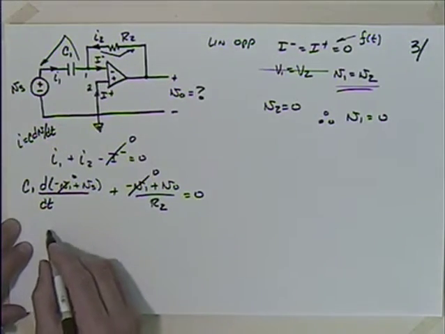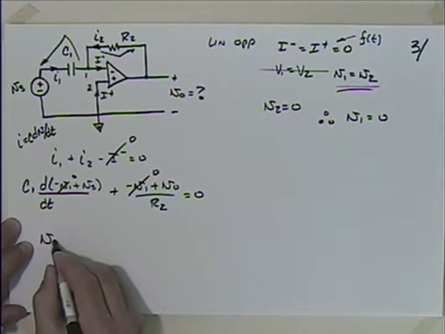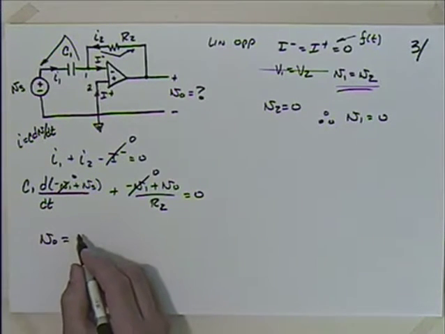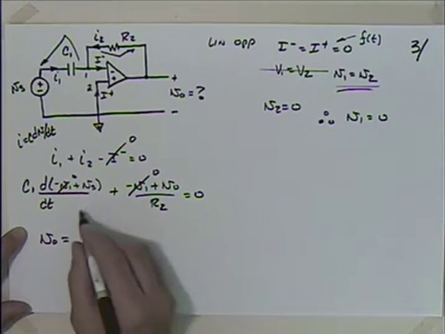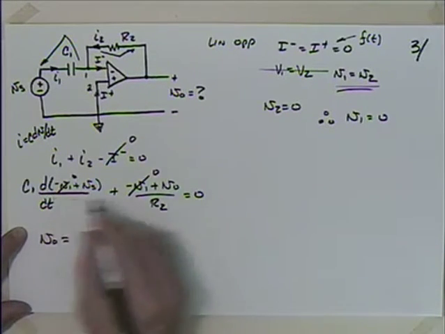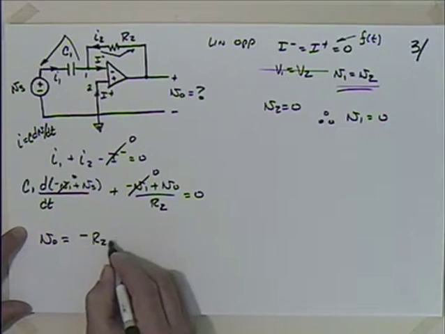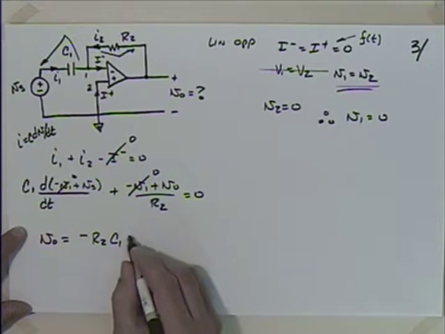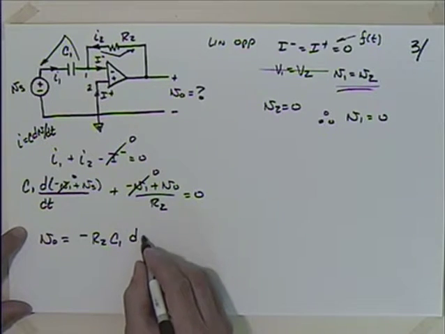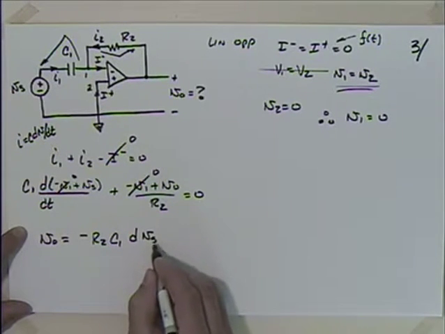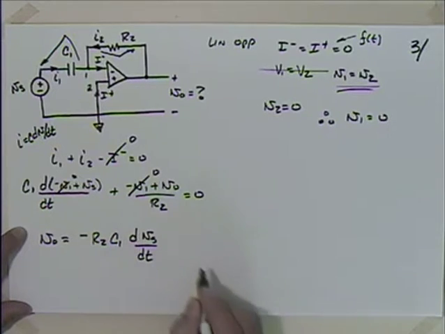So I can say then that V0 is equal to, let's see, if I move this over there, I get a negative, so I'm going to have minus R2 times C1 times the derivative of Vs dt.